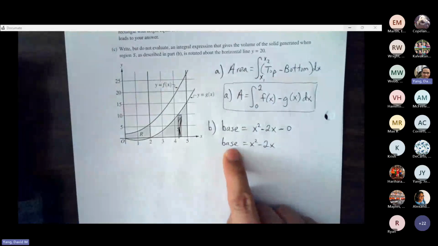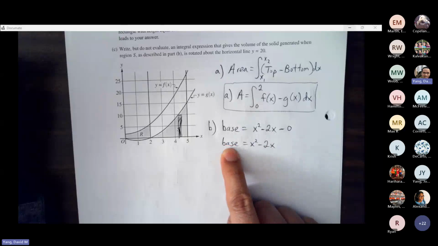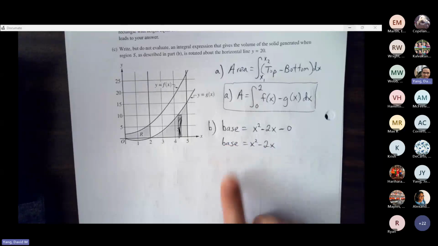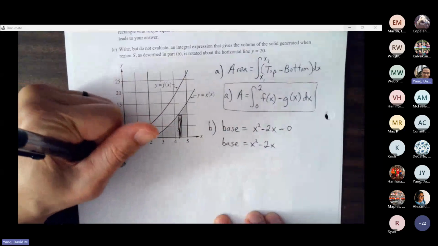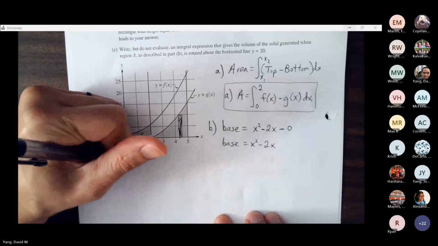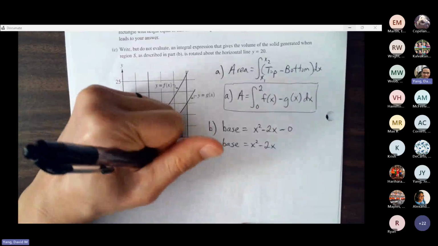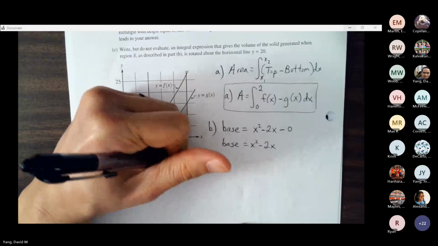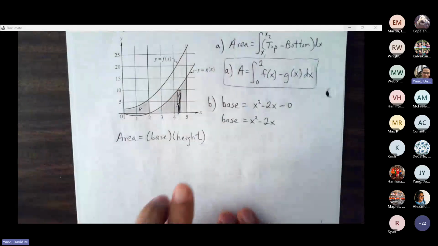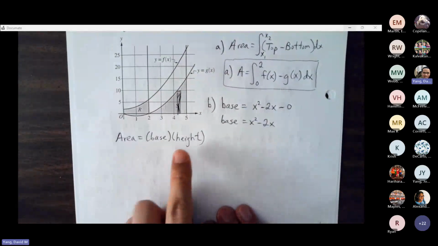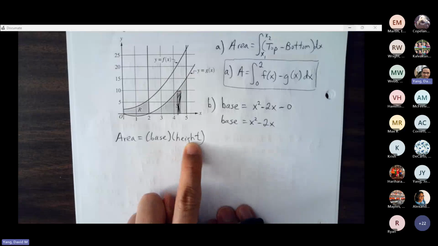All right. Next up with cross-section, we want to build the area. And the area of a rectangle here is base times height. Now, if there is a rectangle problem, they should tell you how to build that height.